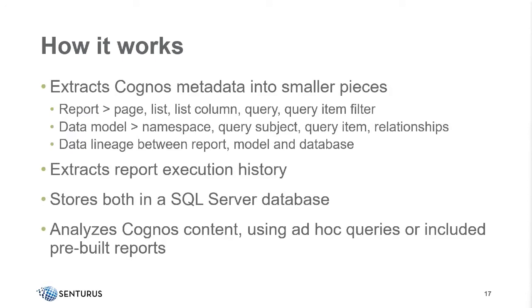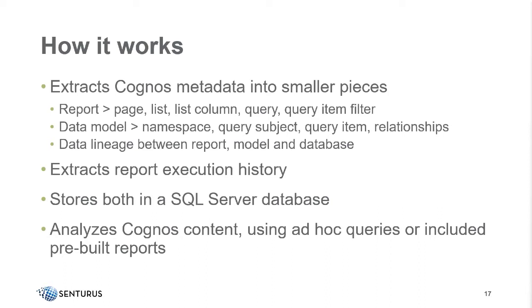So again, how it works here is that it extracts the Cognos metadata into all its component pieces. So reports, all the pieces, pages, lists, list columns, query items, filters. The data models breaks down the namespaces, query subjects, query items, and relationships. And it pulls in the lineage between the reports and the models and the database. So all the pieces that you need to migrate whatever it is you're going to migrate.